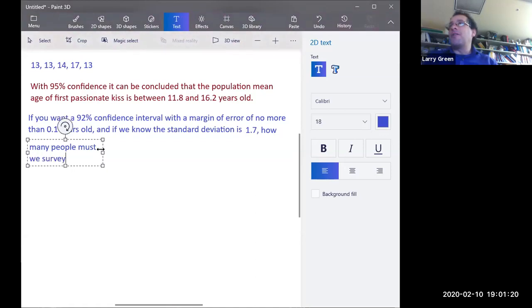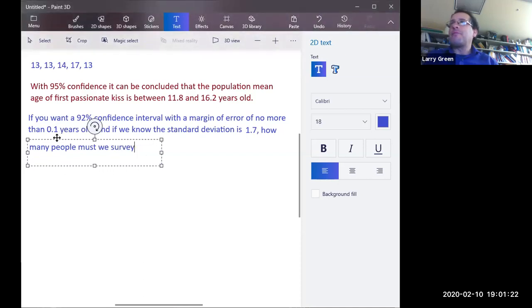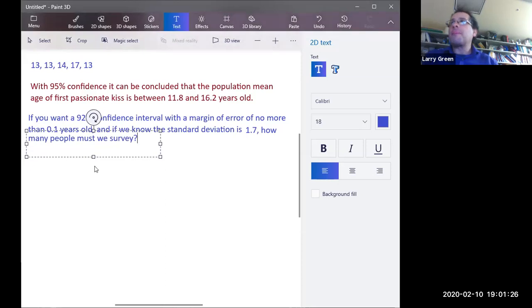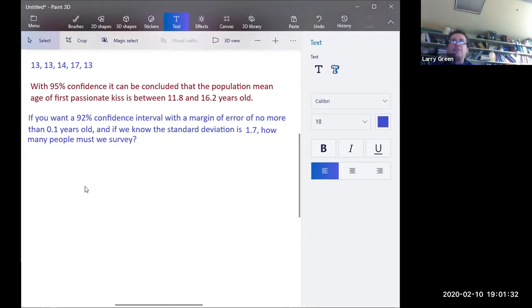Certainly a lot more than 5. Any questions on the question? Okay, you'll notice this looks a lot like the one I did with proportions, but now we're on means. And with means, there's a different formula. So let me give you the formula for means.